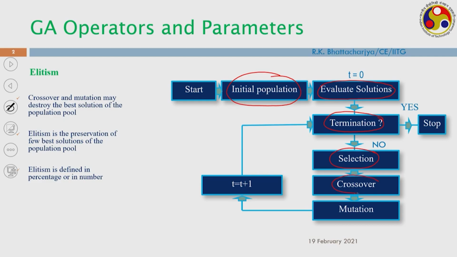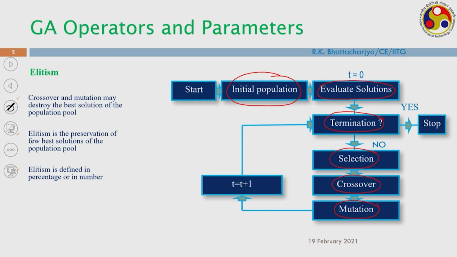Then we discussed the crossover operator. What is the crossover operator doing? It is creating new solutions. As I explained, the crossover operator creates two new solutions near the parents, so you are basically doing a local search using crossover. Then you apply mutation, and mutation also creates new solutions, but it tries to explore other regions.